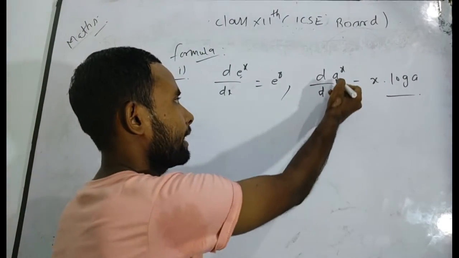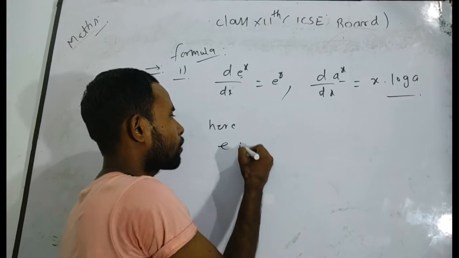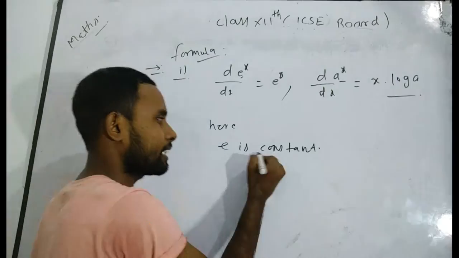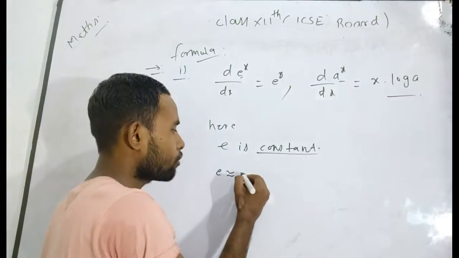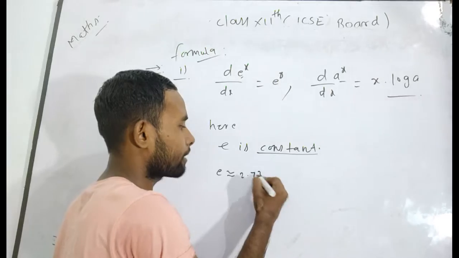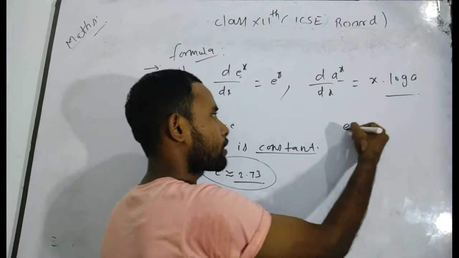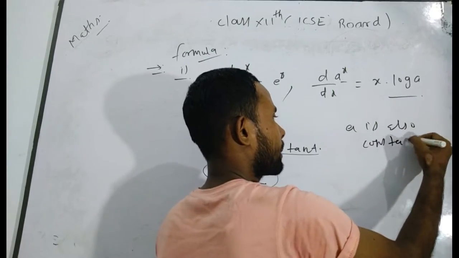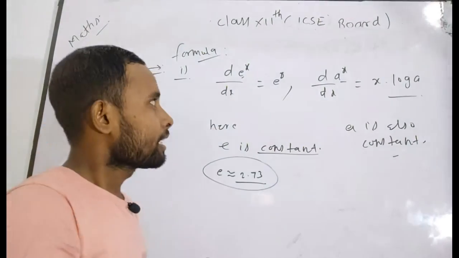Here e is a constant. It is also an irrational number whose value is approximately 2.73, and a is also a constant.